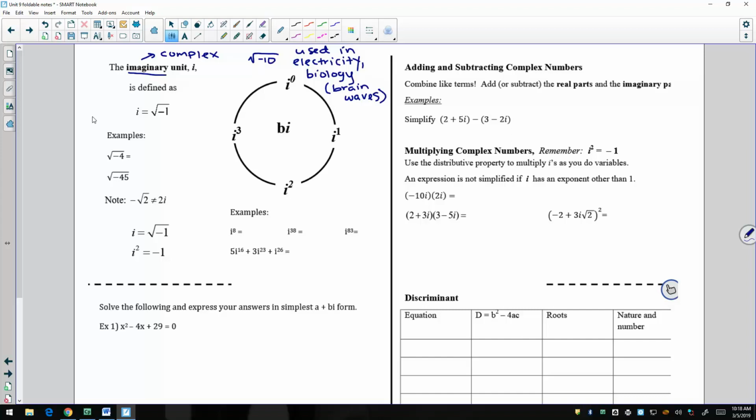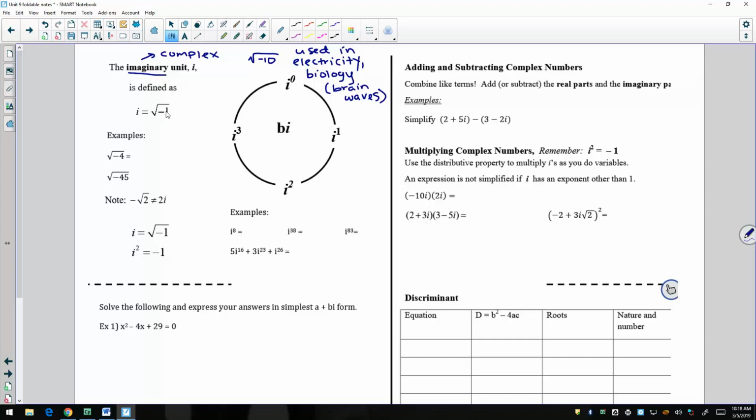So let's talk about what it means to be imaginary. First of all, the variable or the notation for imaginary numbers is a lowercase cursive looking i. i for imaginary. It actually makes sense why they would use i for imaginary. So it is defined as the square root of negative 1.